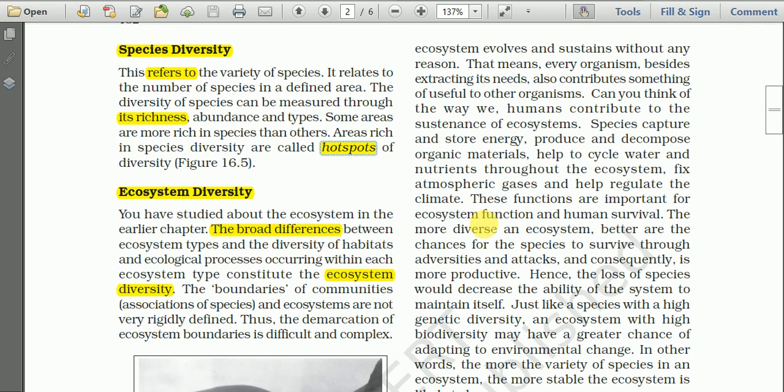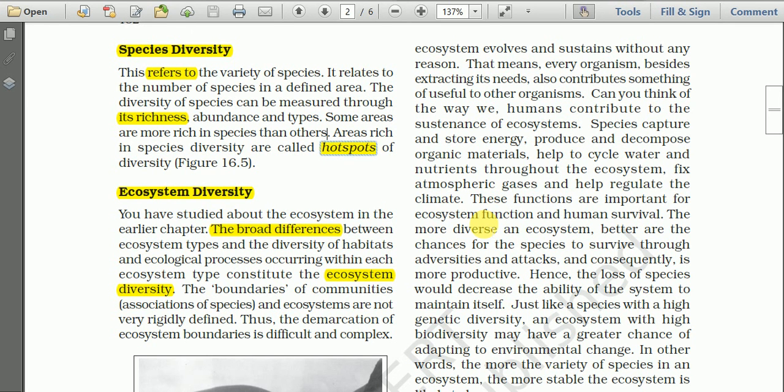Colombia and Kenya, for example, we have seen the map, each have more than 1,000 breeding species of birds, whereas the forests of Great Britain and eastern North America are home to fewer than 200 species only.